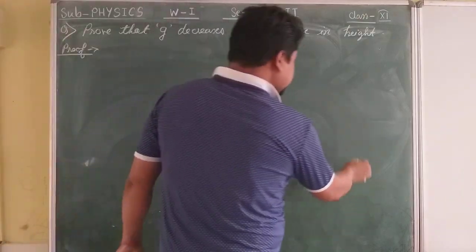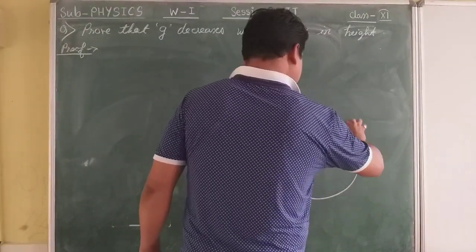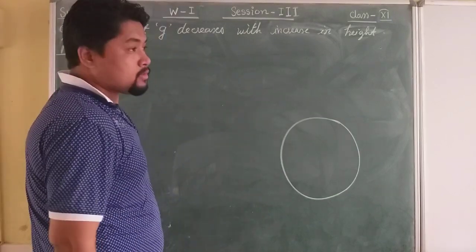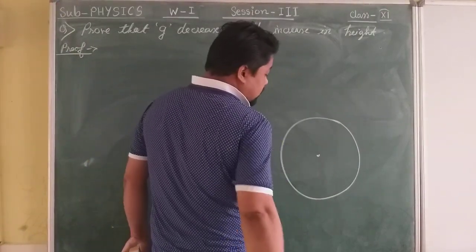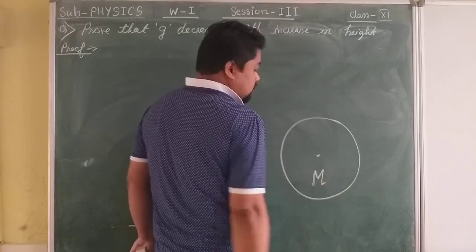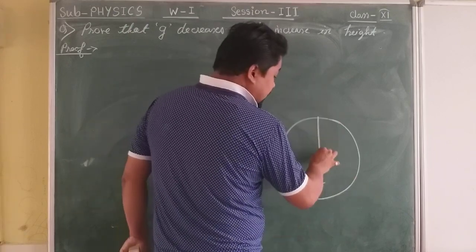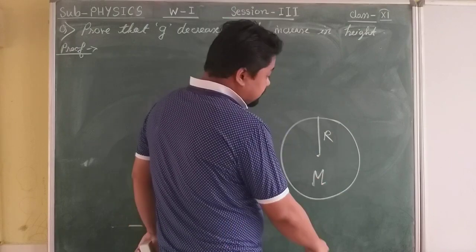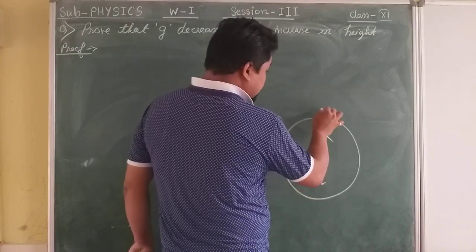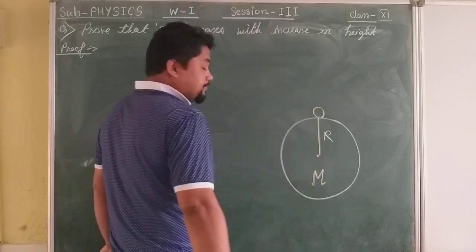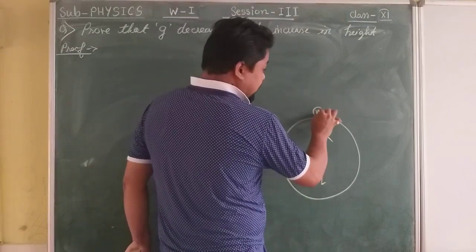Suppose this is the earth, the center of earth, mass of earth capital M, radius of earth capital R. An object is placed on the surface of the earth, the mass of the object is m.